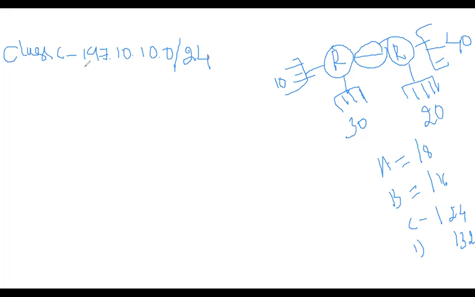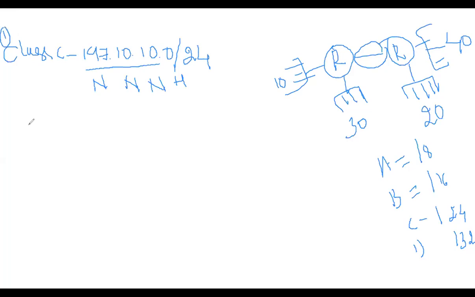How many network IDs are present? For class C, 3 octets are reserved for network and only 1 octet is reserved for host.